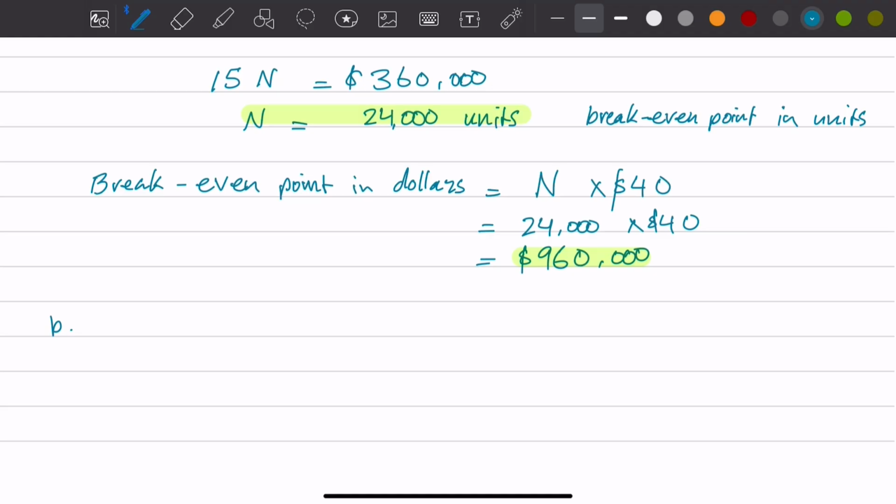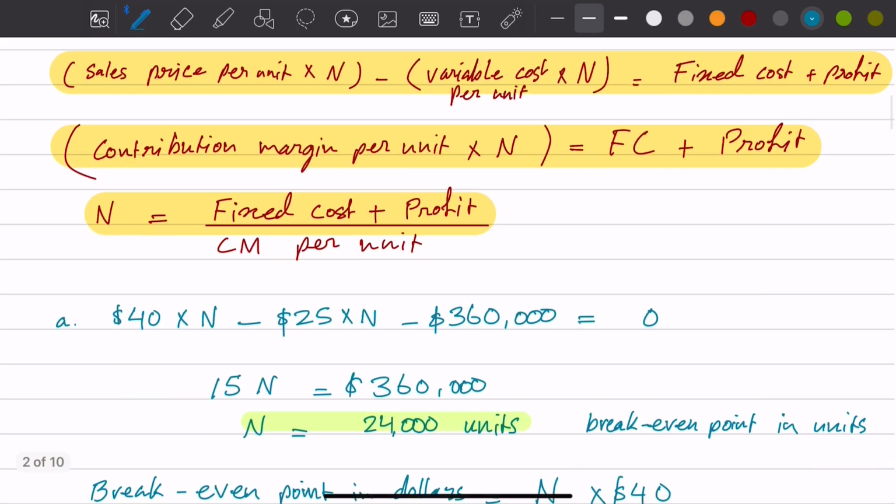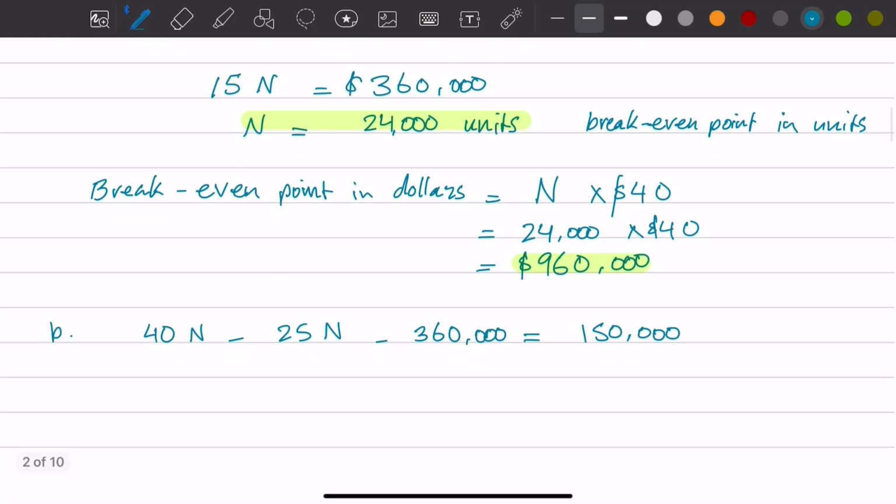So sales price was $40 N minus the variable cost, which was $25, again multiplied by N. Okay, minus the fixed cost, which was $360,000, should equal, not 0 this time, it should equal 150,000. Okay, now rearrange your formula.